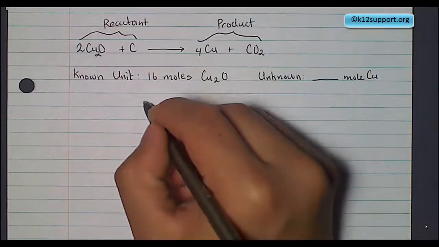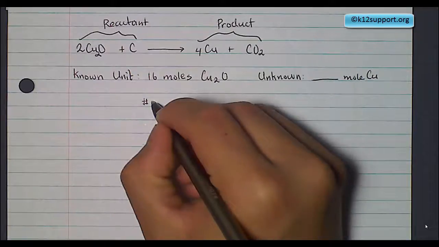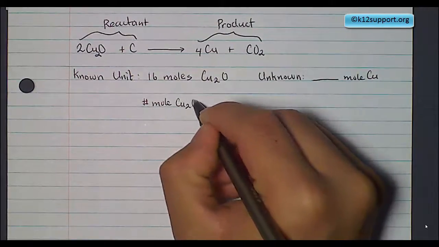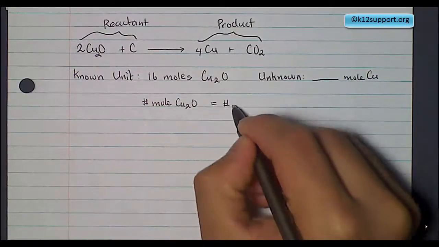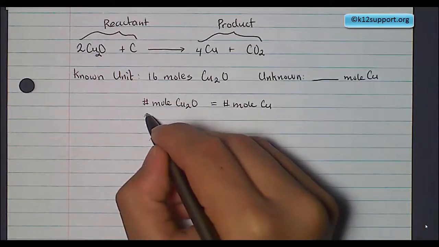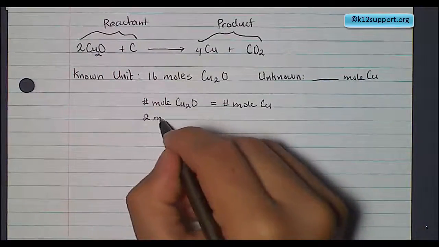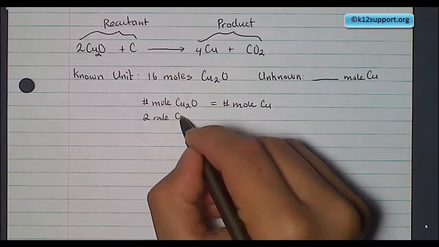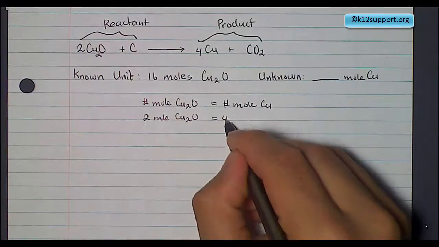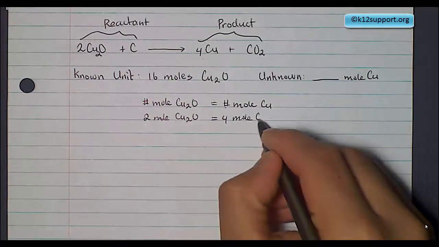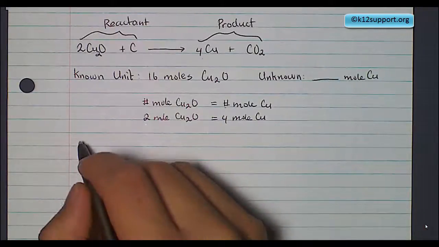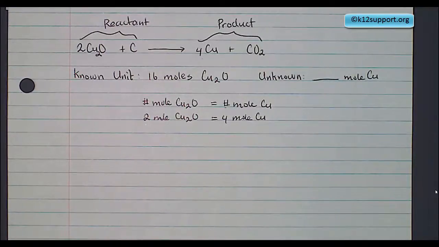Using the flowchart, you have number of moles A equal to number of moles B. Now you have specifically number of moles of copper oxide equal to the number of moles of copper. The numbers are the coefficients, so therefore you have 2 moles of copper oxide equal to 4 moles of copper. And this is your conversion factor, exchanging from moles of copper oxide to moles of copper.